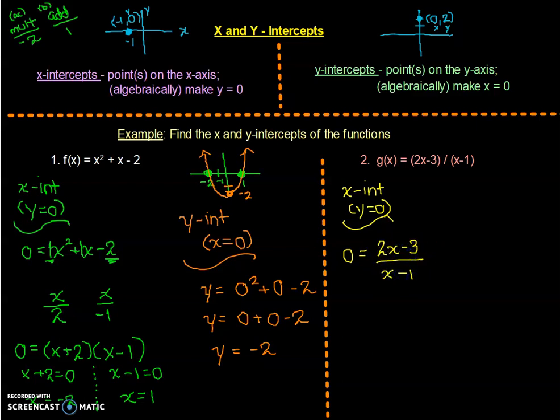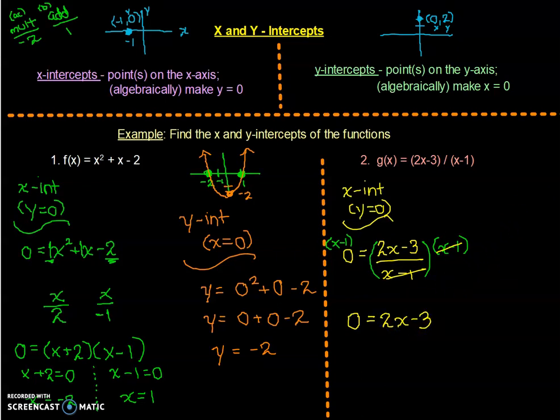I have to solve for x, so the first thing I'm going to do is multiply both sides by this denominator of x minus 1. It's being divided by x minus 1, so I'm going to multiply both sides by x minus 1. On the left side, anything times 0 is just 0, which is nice. The x minus 1 divides out, leaving you with 2x minus 3. Again, the goal here is to solve for x.